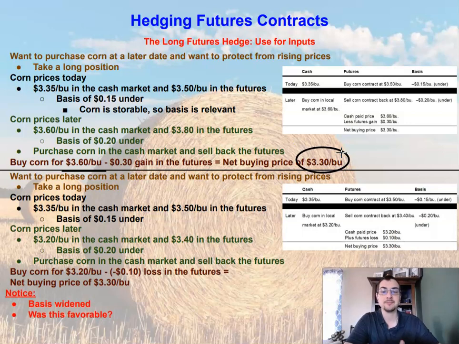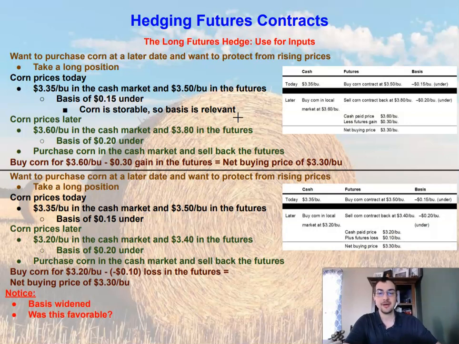Well, how does this happen? We take the price that we bought it for in the cash minus the gain in the futures, because we're going to use that gain to offset some of that price in the cash, and we wind up coming with a net buying price of $3.30.